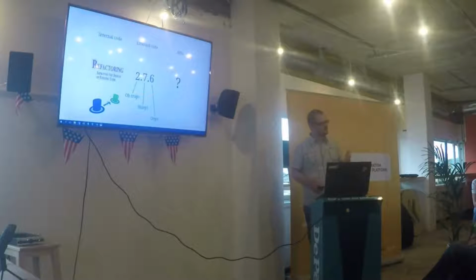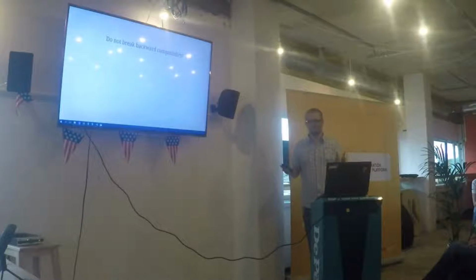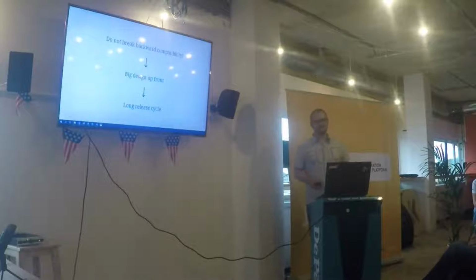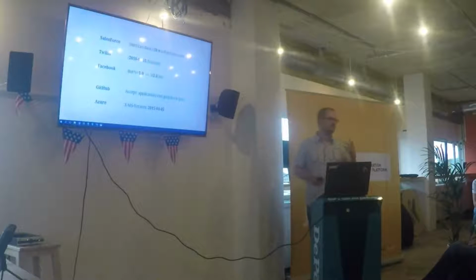And that's really a problem, because when we are afraid of breaking backward compatibility, that means we start to think long and hard before we put anything into production. Big design up front, and this will lead to long release cycles and these really awkward version numbers, right?